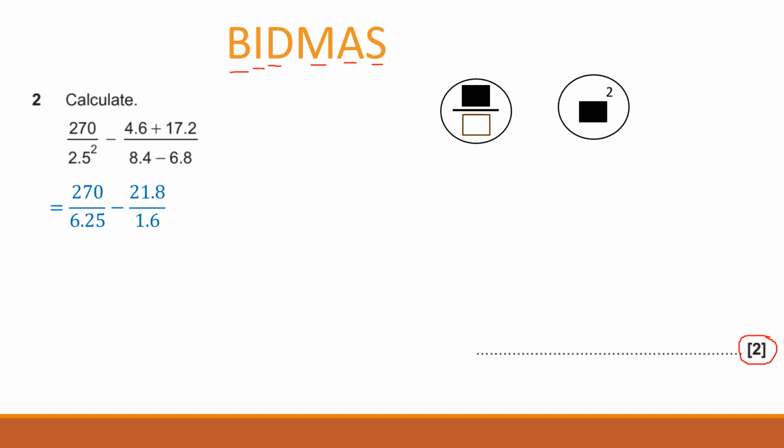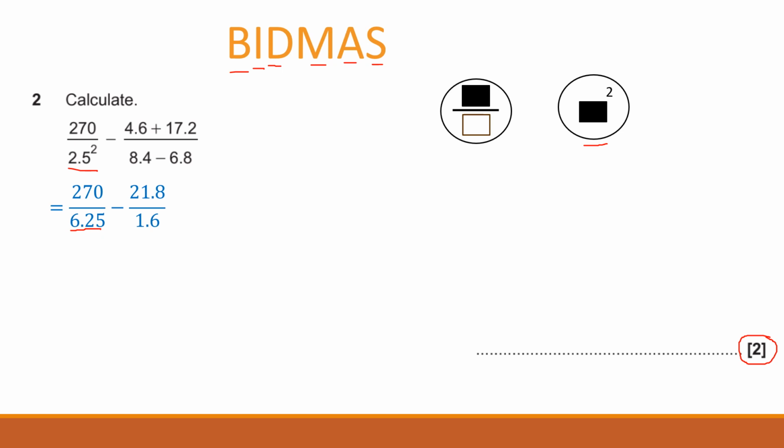Now I can show you that we've got 270 divided by 6.25. The 6.25 comes from this 2.5 squared. So using the squared button on your calculator, as I've just shown you here on the right hand side, gives me that 6.25. Now the next bit we've got divide, multiply, add and subtract.